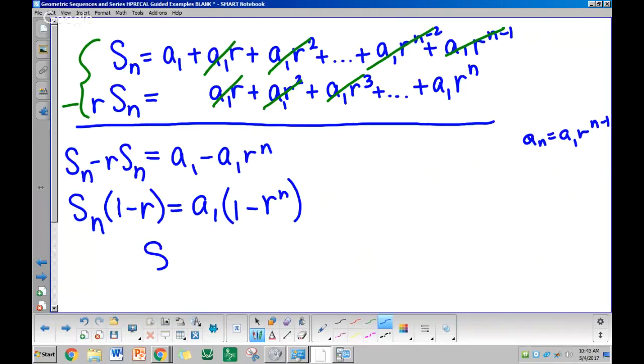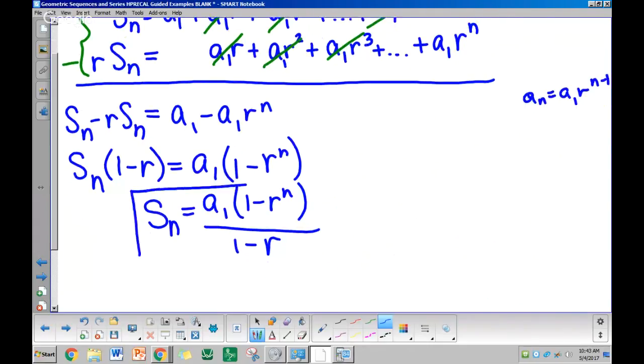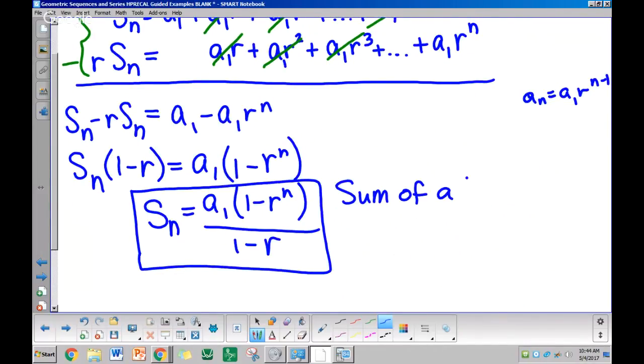And so S of n is equal to a sub 1 times 1 minus r to the n, all over 1 minus r. So this is, by definition, or by our proof here, the sum of a finite geometric series.